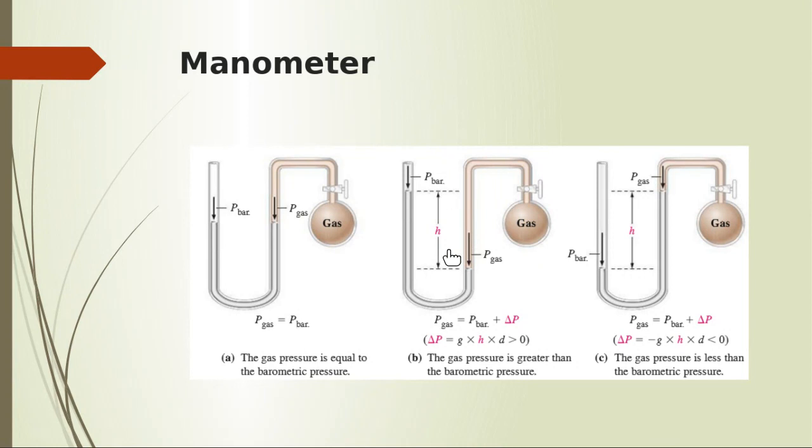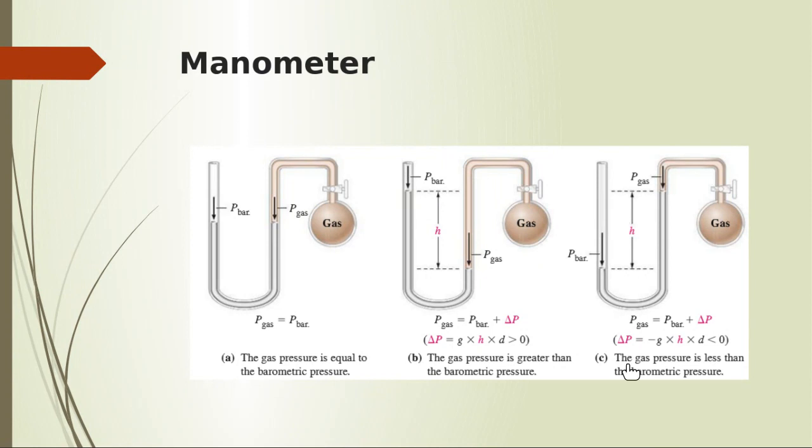If this H, which means the difference of pressure, is bigger than zero, that means the gas pressure is greater than the barometric pressure. Don't forget that. This is important.